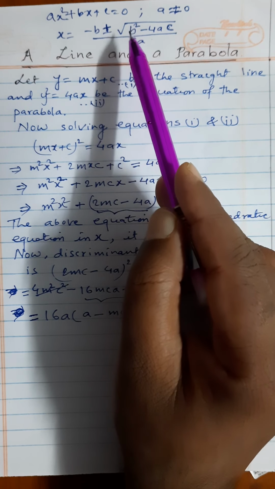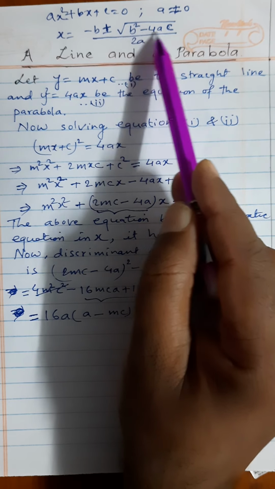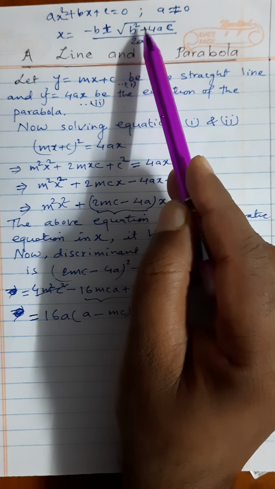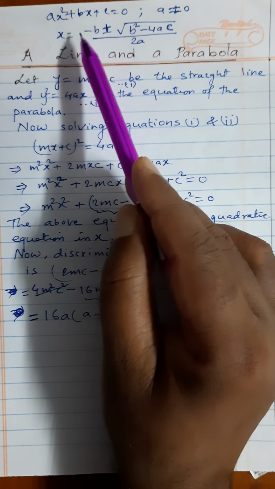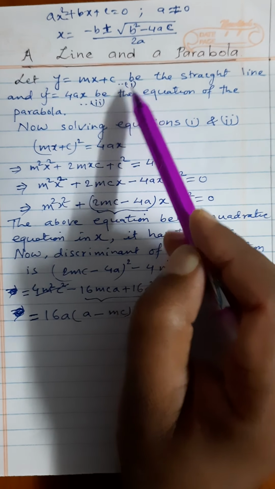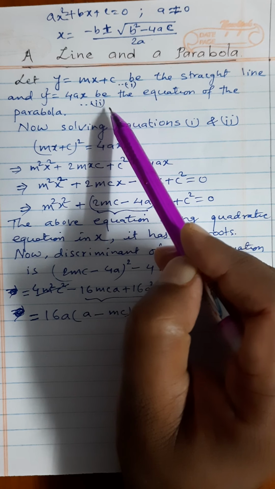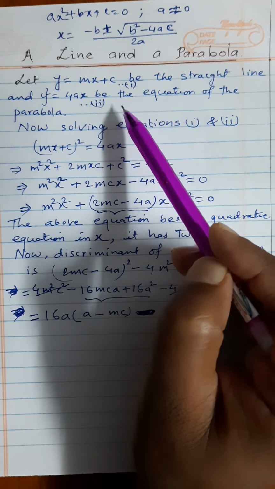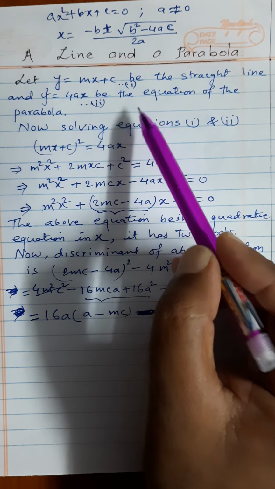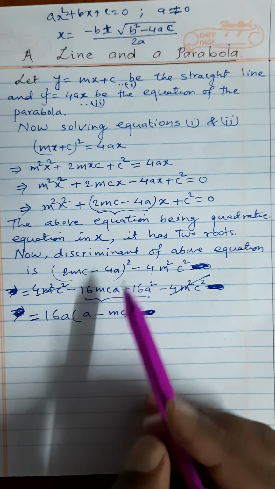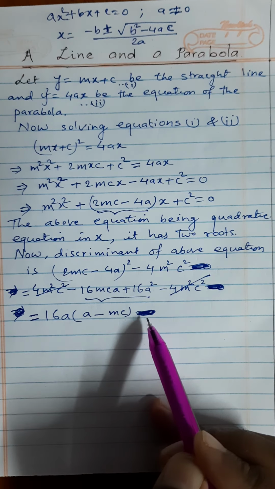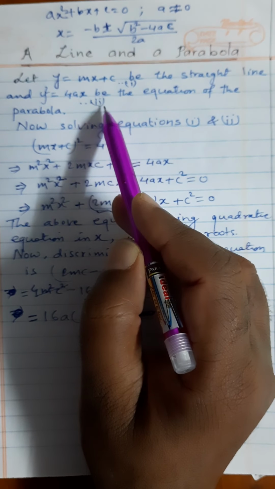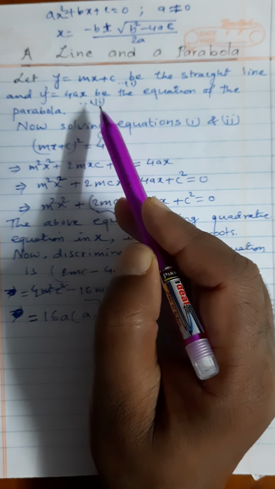In this way, if this inside root part b square minus 4ac is bigger than 0, then the line 1 intersects parabola 2 in two different points. Frequently it is written in the book that if this is bigger than 0, then line 1 intersects parabola 2 in two different points, but students are confused.